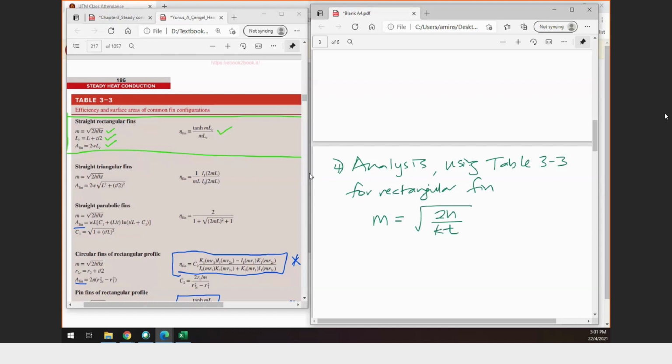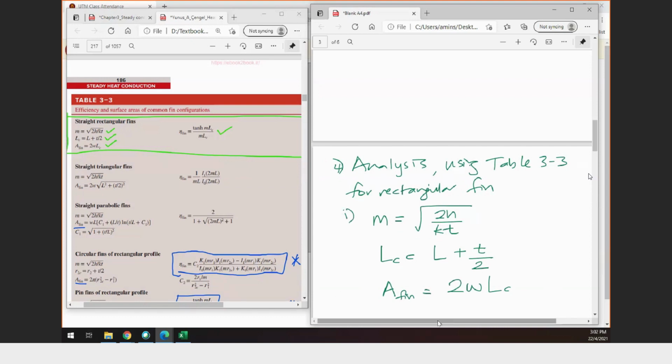Then you need to find Lc, the corrected length for that particular fin, which is L plus the thickness divided by 2, and the area of the fin, which is 2 times the width times Lc. Once you get these values, in fact this is the first question: they ask you to calculate the fin efficiency.